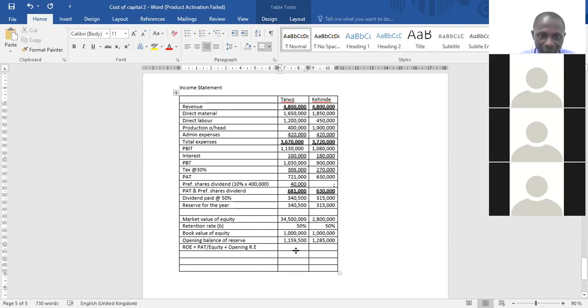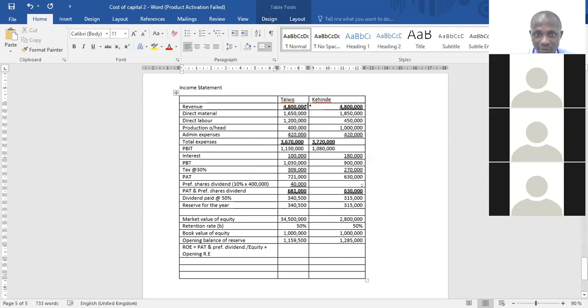So this should give me, for Taiwo, what's our profit after tax? Profit after tax and the preference dividend, because that's what we have in this question here. That's the situation we are faced with. Let me adjust this to accommodate it.